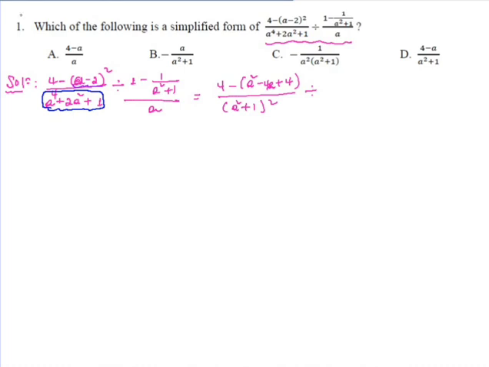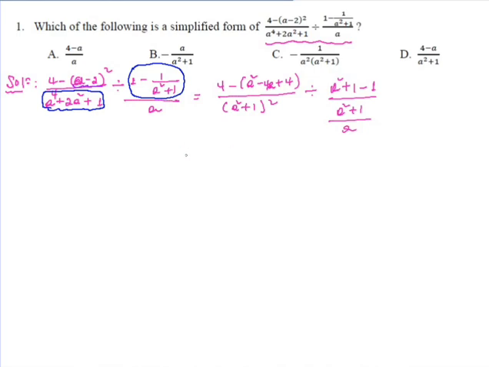Again we need to rewrite this in another form so that it becomes a squared plus 1 minus 1 over a squared plus 1, the whole over a.